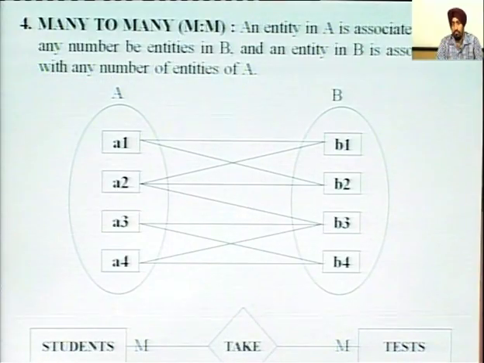In the other direction, B1 is associated with A1 and A2, B2 is associated with A1 and A2. That means any entity in A is associated with any number of entities in B, and an entity in B is associated with any number of entities in A. For example, there are two entities, one is student and the second is test.